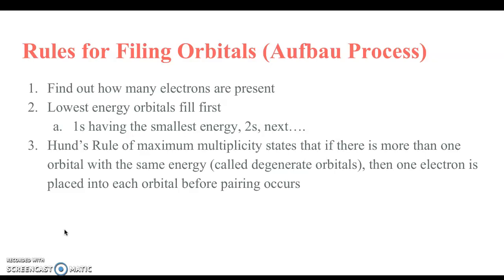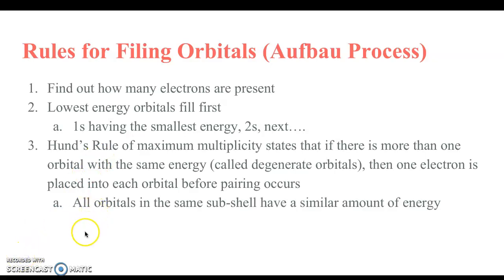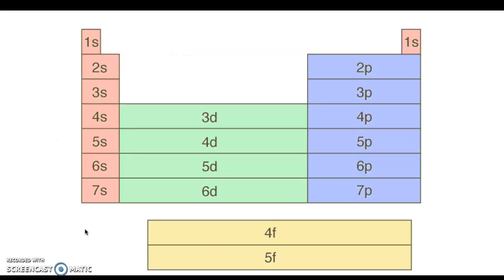For example, in the p subshell, there are 3 orbitals. All of the orbitals in that p subshell are degenerate, meaning they have about the same amount of energy, and you would fill 1 electron into each of those orbitals before pairing. As I was just saying, all orbitals in the same subshell will have a similar amount of energy.